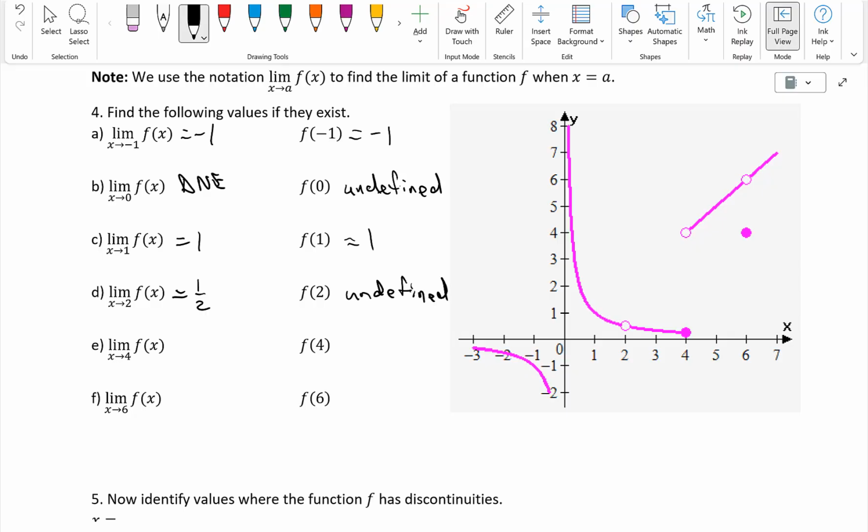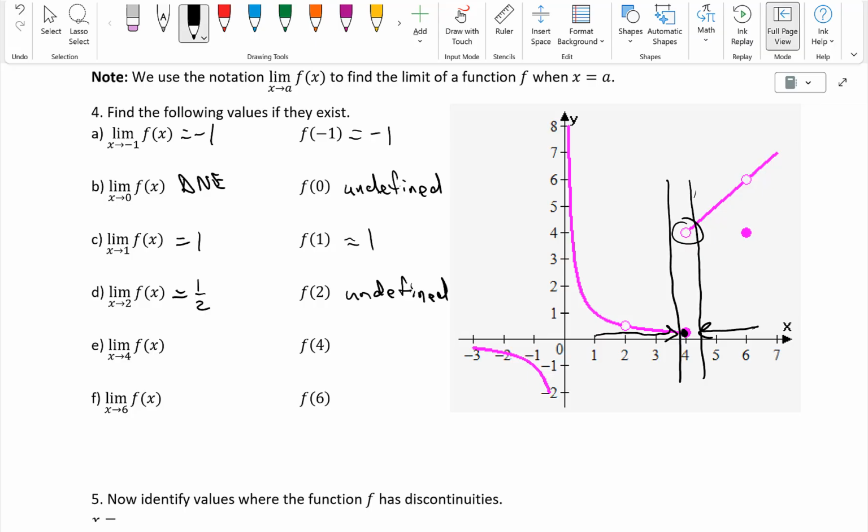For our limit as x approaches 4 for this function f of x, as we come in from the left and from the right, when we get really close from the left, we're down here around 1/4 or something. But as we get really close from the right, we're up here around 4. So we don't approach a single value.